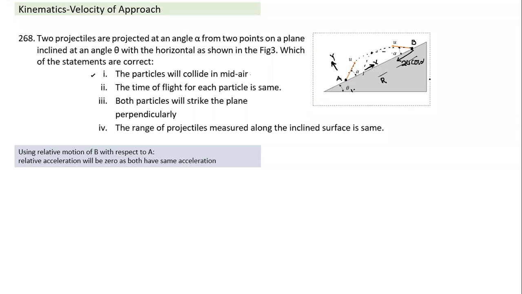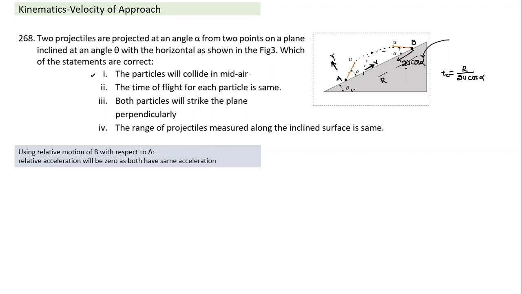The time for collision will be equal to the distance between them divided by velocity of approach. This is the time. But when I take this relative velocity, this is not valid indefinitely. This relative velocity is valid only for a certain period of time. Can you tell me for what period of time is the relative velocity valid?